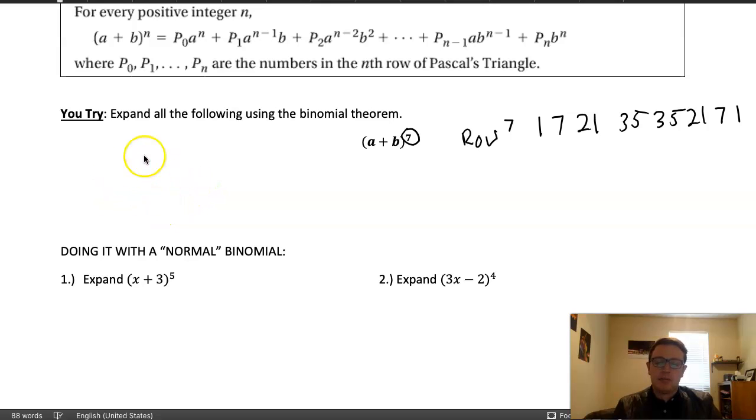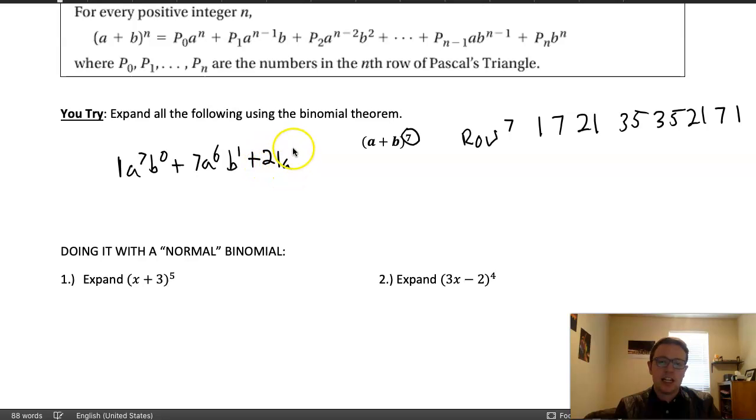So the next step would be putting in our values using these as coefficients. So we would get 1. We start with A being raised to the highest power, to the 7. B starts at 0. Then we put in our next coefficient. We decrease our power of A by 1. We increase our power of B by 1. We're going to keep doing this.